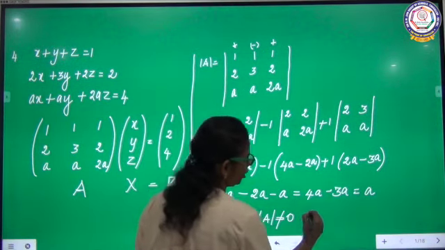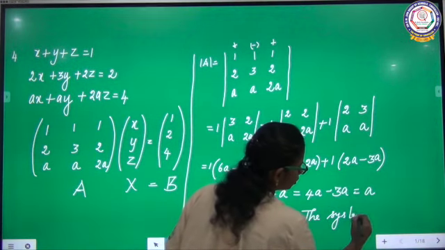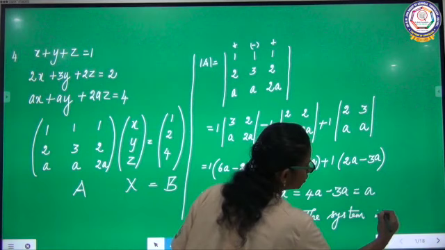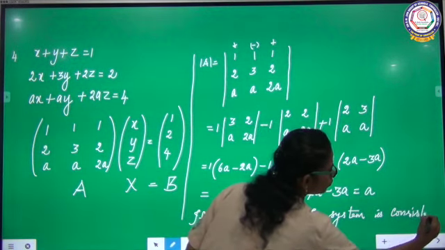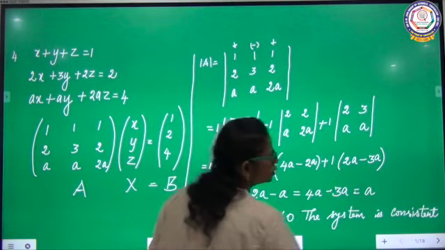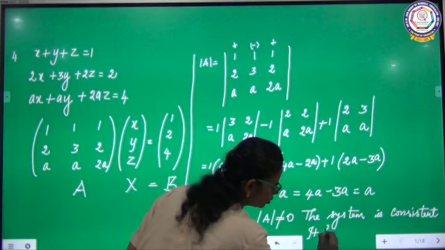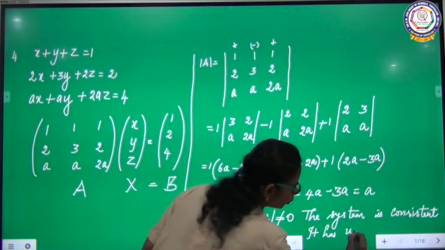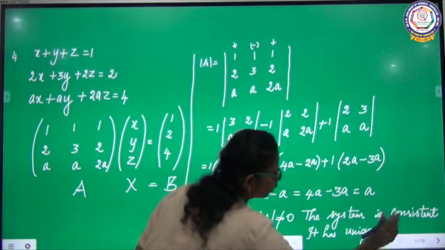Then you can say the system is consistent. The system is consistent. It has a unique solution.